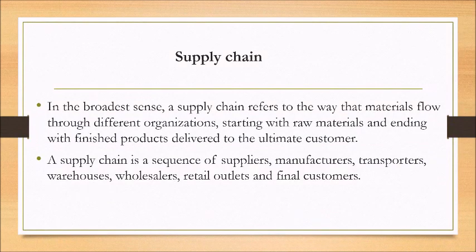That is a central place, and from there it is distributed to different places. And from the warehouses, the product goes to wholesalers, and from the wholesalers to retail outlets, and finally it reaches the final customer.